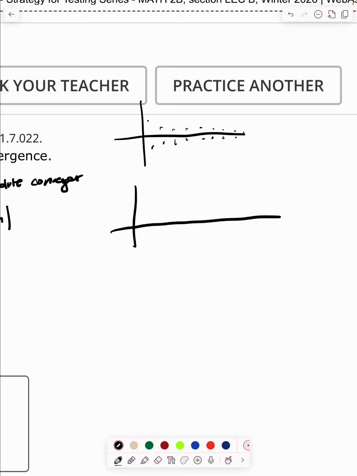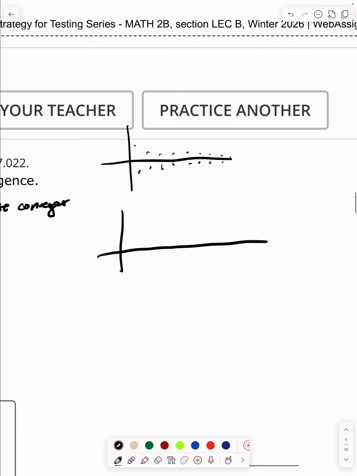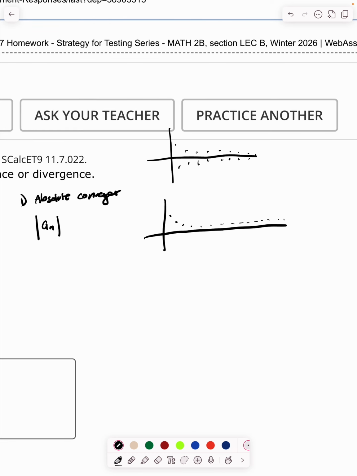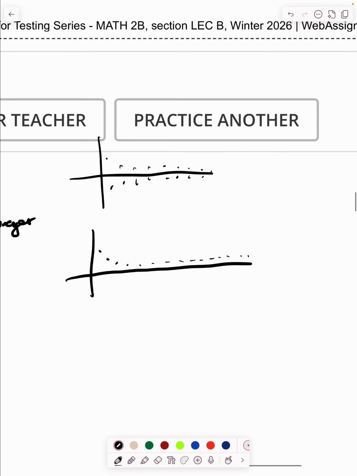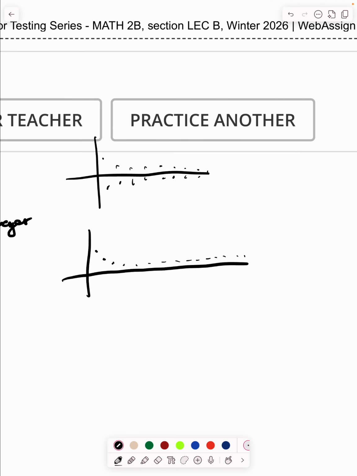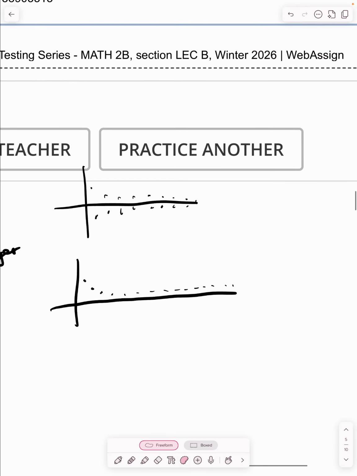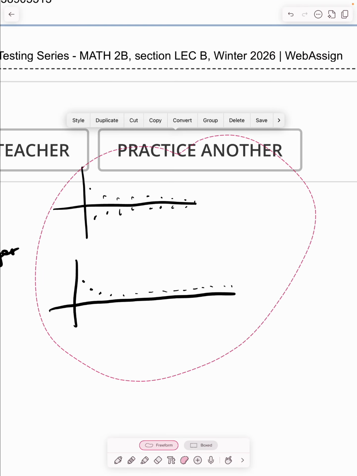But even a stronger statement is that instead, if I took the absolute value, which is just turning all of these negative values positive, and I add them up and I still get a converging series, then for sure my series will be convergent. Because this bottom sum is for sure greater than this one, because this one involved me adding negatives. Okay, so that's the idea of absolute convergence.